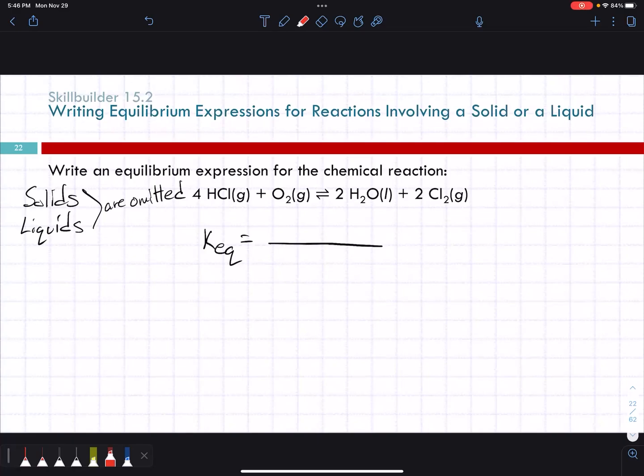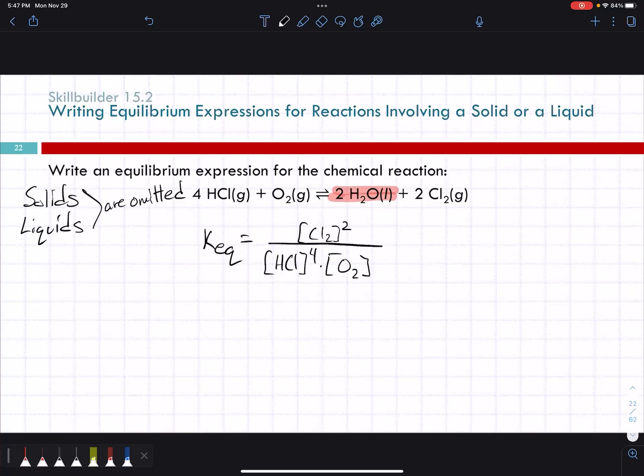HCl is a gas, oxygen is a gas, H2O is a liquid, so we're going to leave that out. But chlorine is also a gas. So our only product we include is the concentration of chlorine raised to the second power, because it has a coefficient of 2, over HCl raised to the power of 4 times oxygen with that implied coefficient of 1.